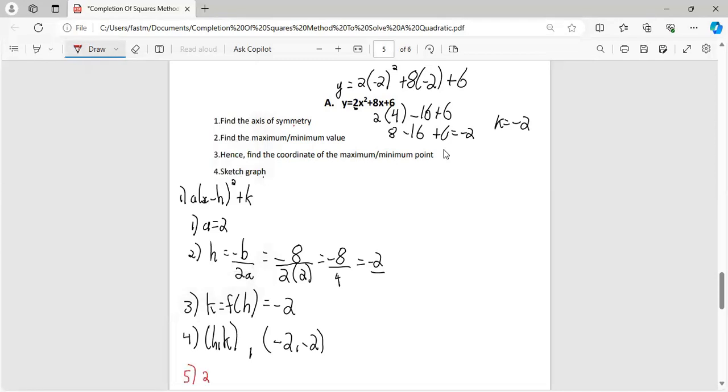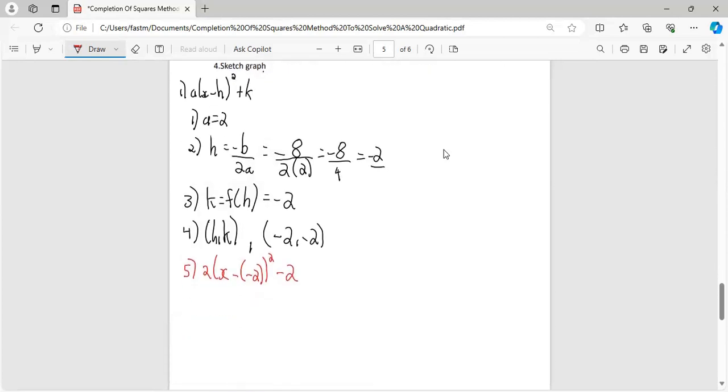So a is 2, (x minus h, because h is minus 2) squared, minus 2. Yeah, so that's simplifying the inside. The minuses will come together to give me a plus. So it'll be 2(x plus 2) squared minus 2. Yeah, so this is the completing the square.